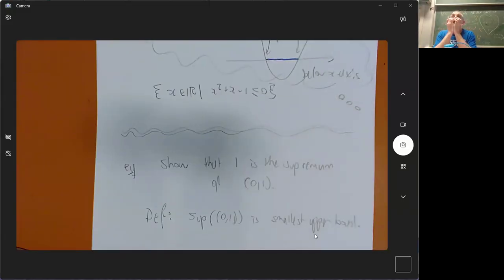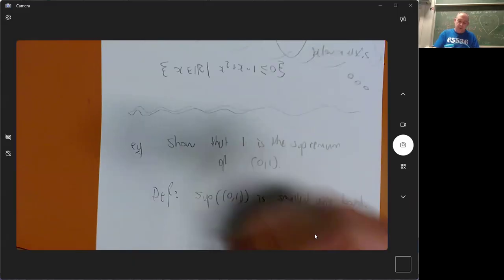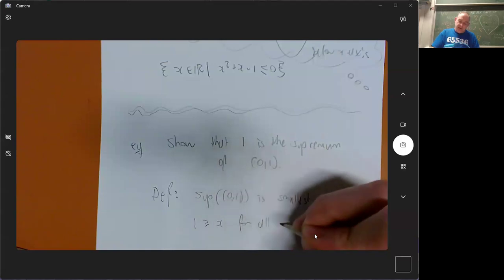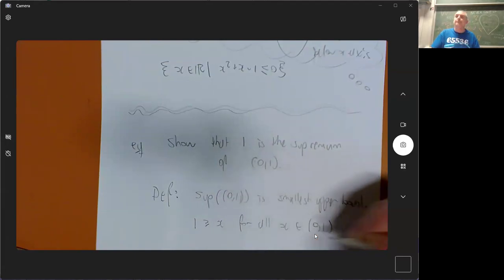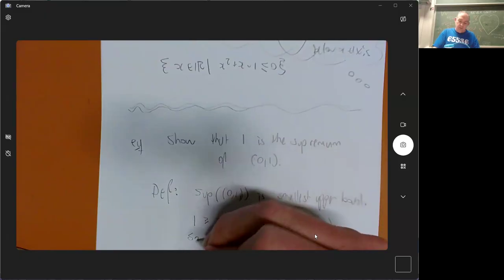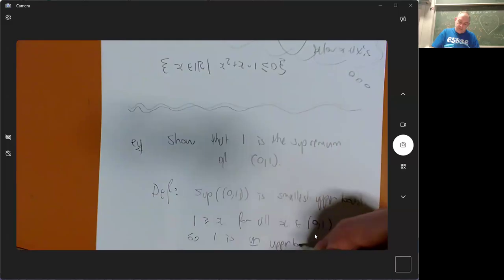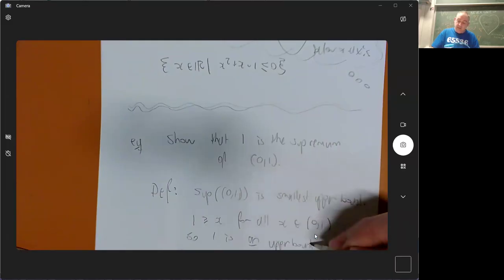Okay. So 1 is definitely an upper bound. So 1 is greater than or equal to x for all x in the set [0, 1]. So 1 is an upper bound. That's a good start.